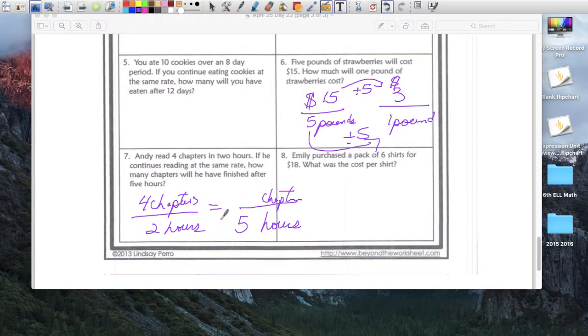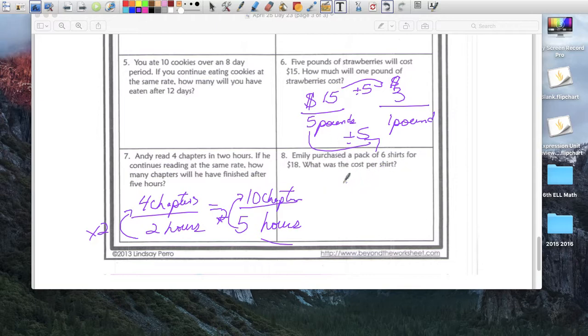Why not? But I'd rather not deal with decimals. If you want to, it's 2 times 2.5, and then times 2.5 here. You can do that. Or if you just see this one, it's much easier. How did the 2 become a 4? Times 2. And to go up, it will also be times 2. That gives us 10. So either way, we get the same answer. So it's 10 chapters in 5 hours.